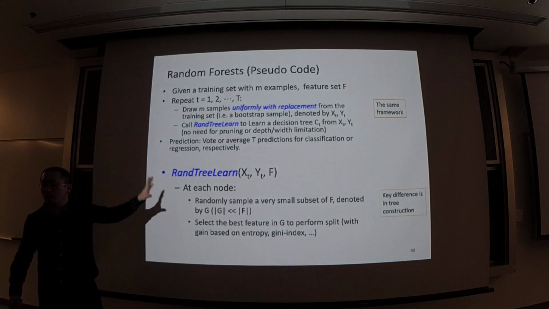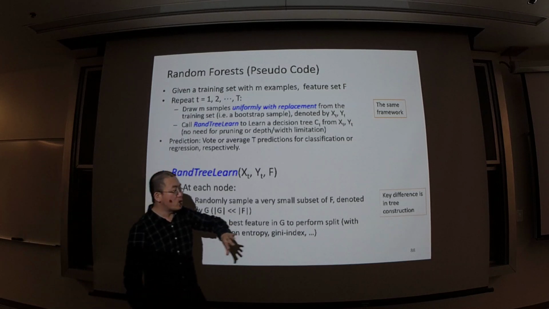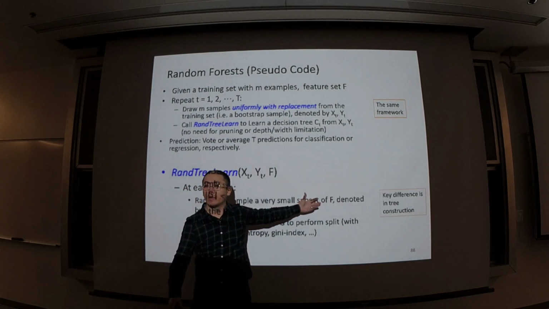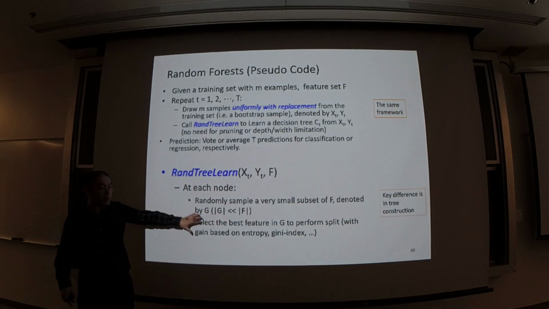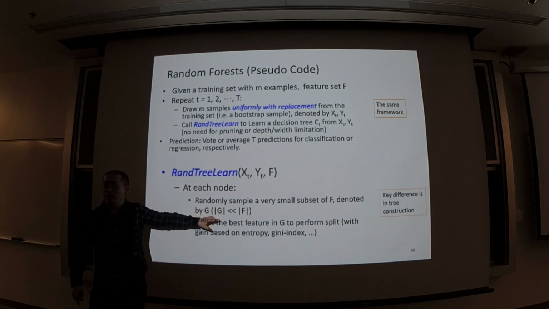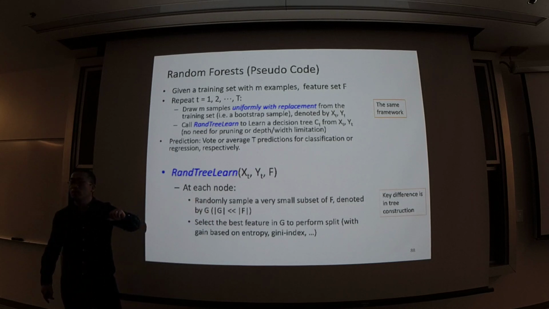It can be done in two ways. First, I exclude all the features that are already selected, then I sample G. Or I just sample G, and then I get rid of those features which happen to be used before. So it's up to you in implementation.